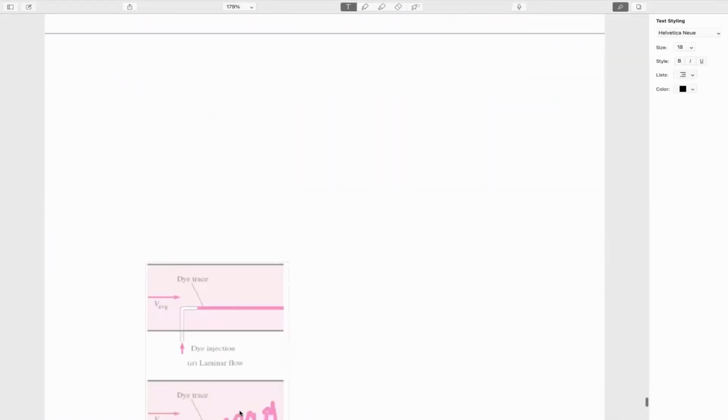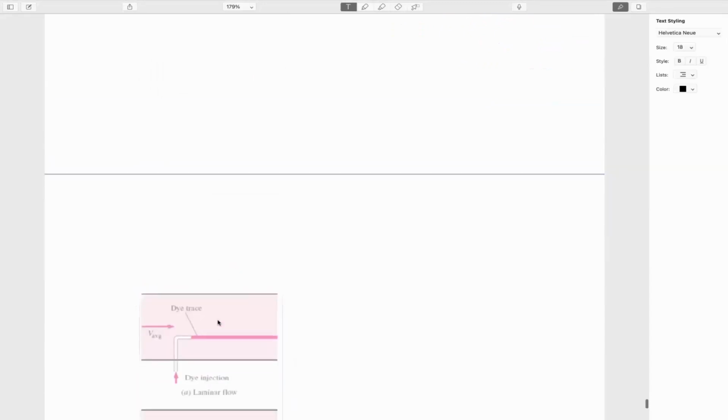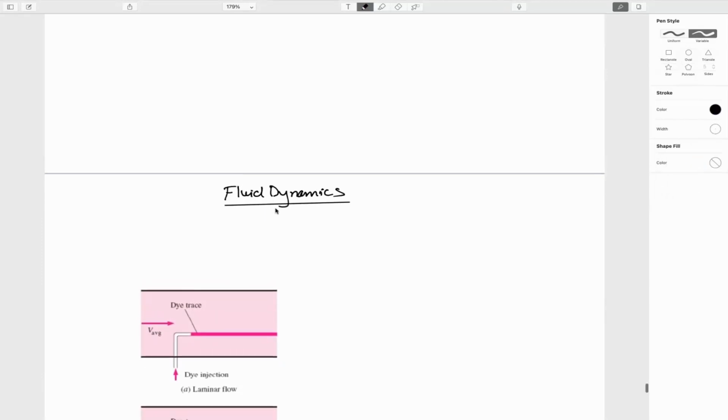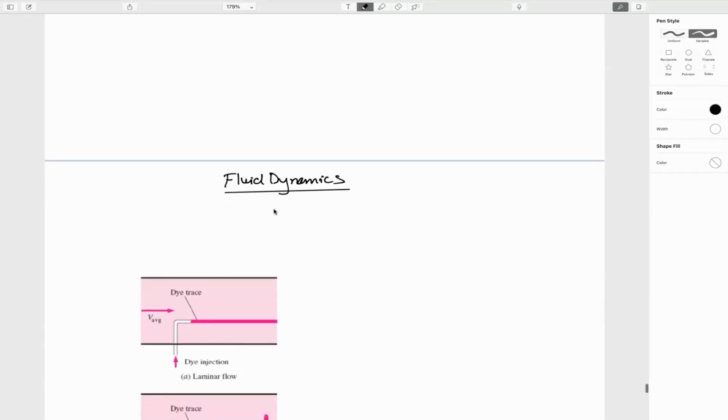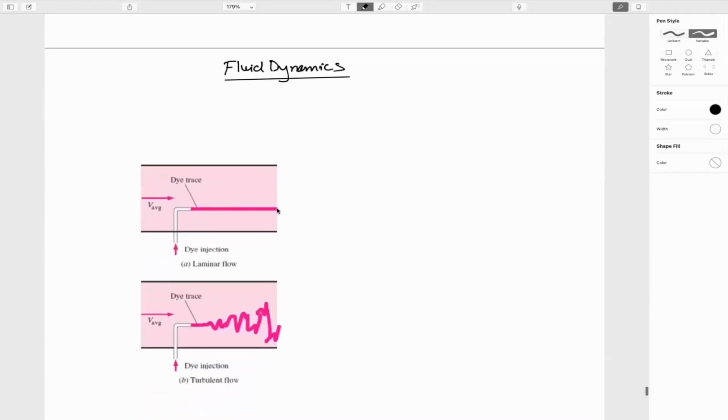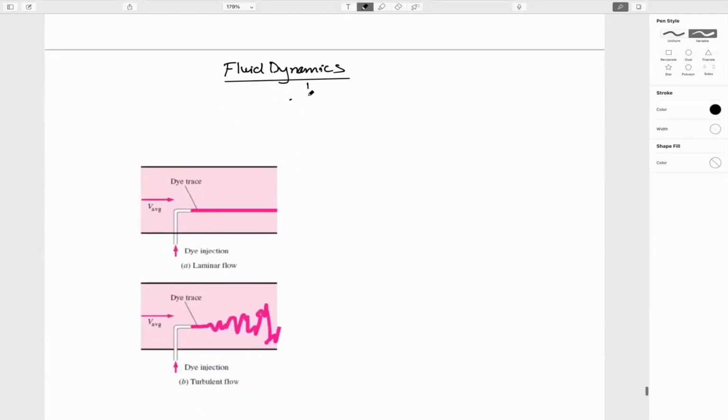So now we'll be moving towards fluid dynamics. That's a lot of fluid statics. Now fluid dynamics. I will give you a brief introduction about fluid dynamics and then we'll wrap up the class. Fluid dynamics is where we will study the flow of fluid.